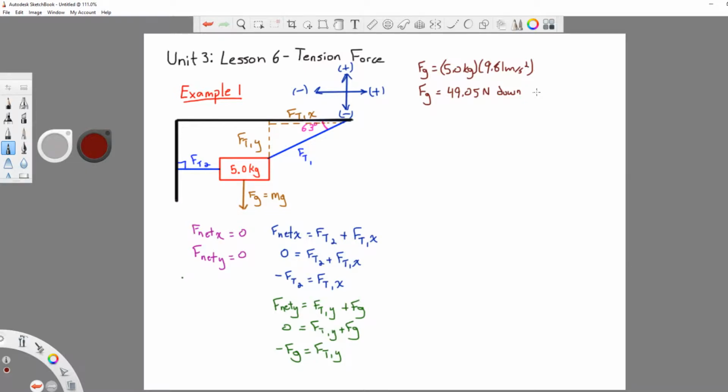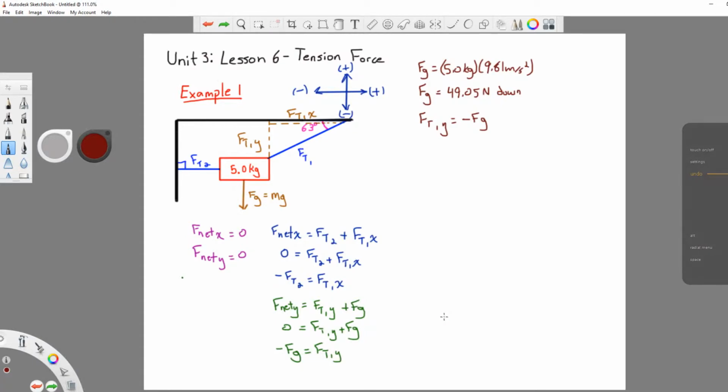Okay. So when we plug that into some sort of Fnet formula, you'd be using a negative value. In fact, if we use that right here, we would end up with a negative value. Okay, so Ft1y is equal to negative Fg, and this is where it gets a little bit weird. I kind of wish I hadn't done these two steps to demonstrate. I probably would have skipped this, and then just saved it so I could substitute in negative Fg right here.